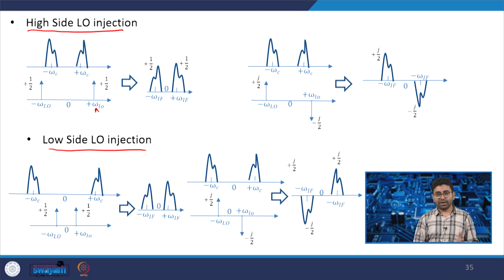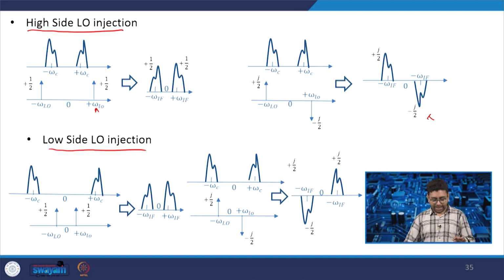So, you can try as homework how you can reject the image if there is high side LO injection. You will get plus half, and again for sine it will be considered as minus A by 2 and plus A by 2. So, while adding or subtracting, you can decide based on high side or low side LO injection when you solve the problem.